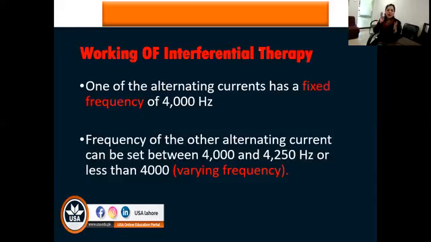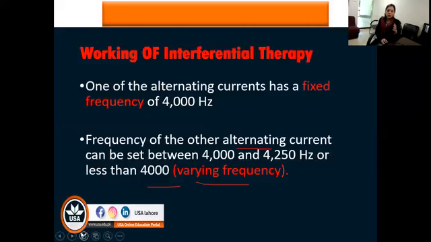For example, if I say I'm going to calibrate this medium frequency at 4000 hertz and fix it, the frequency of the other would be around 4000, or 4100, or 4250 hertz, or it can vary. In simple terms, if I say this one is 4000 hertz and this one is 4100 hertz, fine. Both are medium frequency, and they are of different frequency.